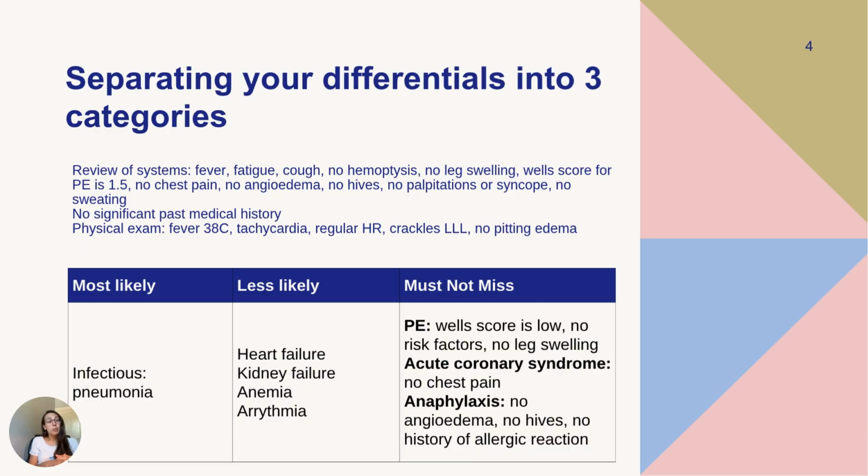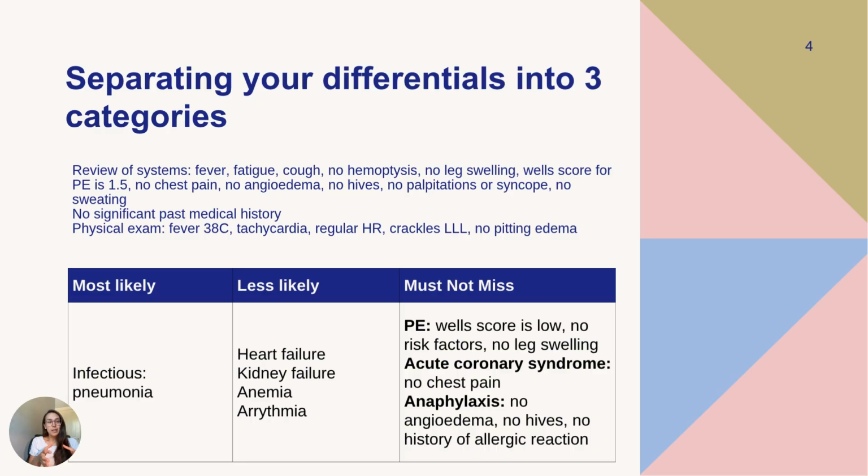There's been no syncope, no palpitations, no history of heart disease. PE, you've used your Wells score to risk stratify that, and it's low. There's no risk factors for PE. There's no leg swelling to indicate a DVT. Acute coronary syndrome is less likely. There's no chest pain. In the emergency department, you might be doing that workup just to make sure you're not missing it. And anaphylaxis, there's no signs, there's no history of allergic reaction.